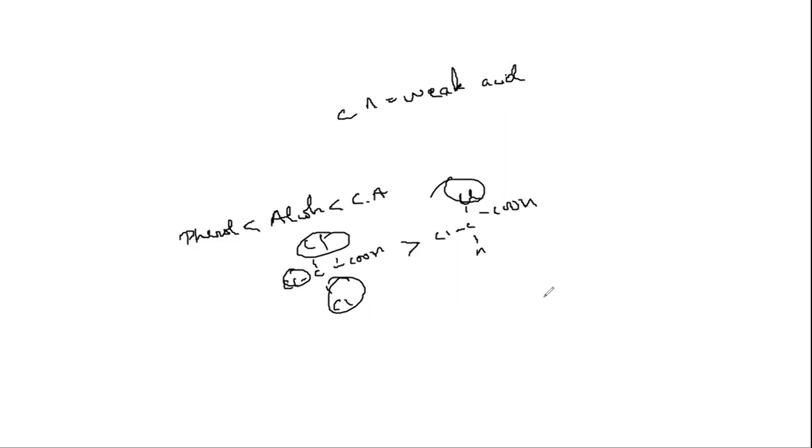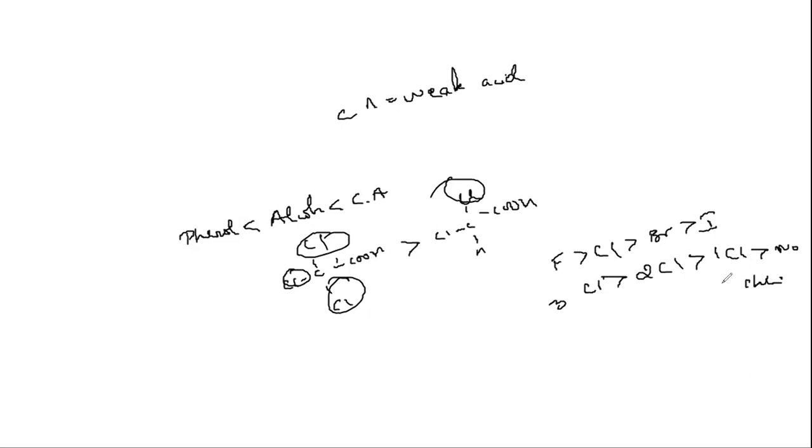So fluorine is more acidic, then chlorine, bromine, and iodine. And as the number increases, if there are 3 chlorine atoms, that becomes more acidic than 2 chlorine atoms, than 1 chlorine atom, than no chlorine atom, right?